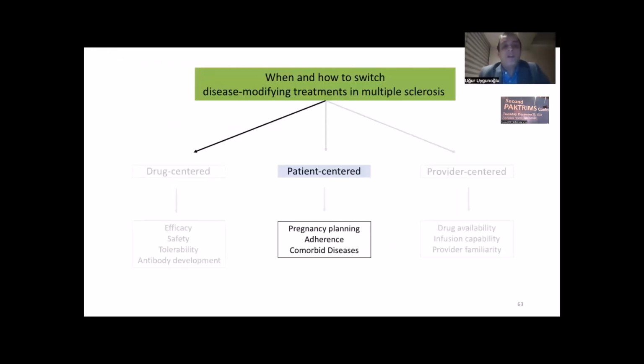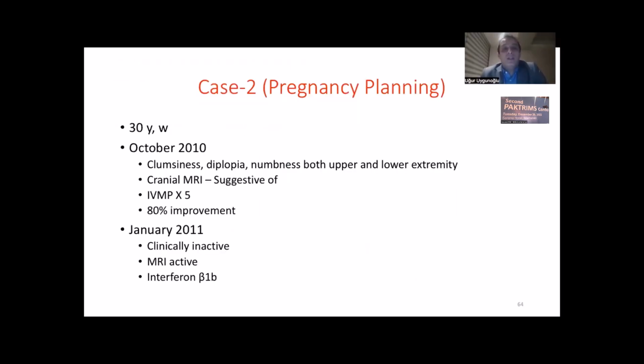So this was the first part for switching the treatment, the drug-centered part. And the second one is patient-centered: pregnancy planning, adherence, and comorbid diseases. I'm going to present 2 cases regarding this part.